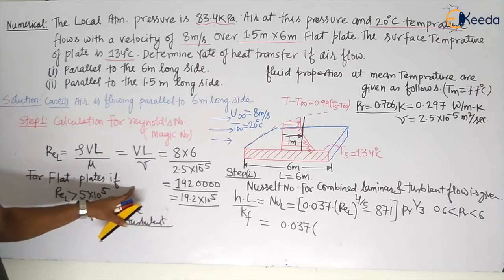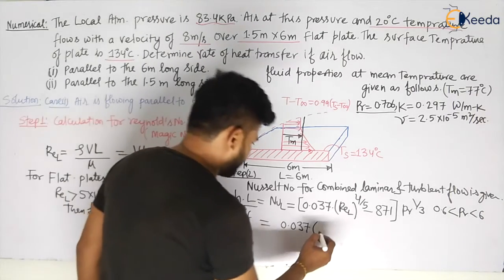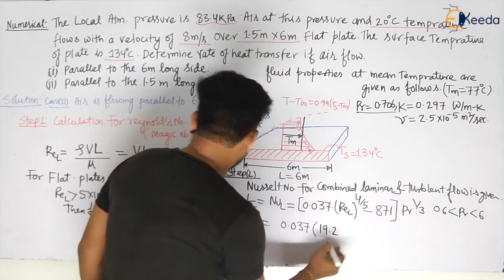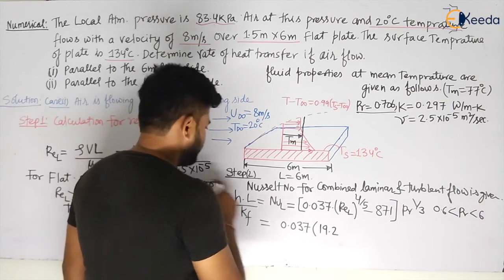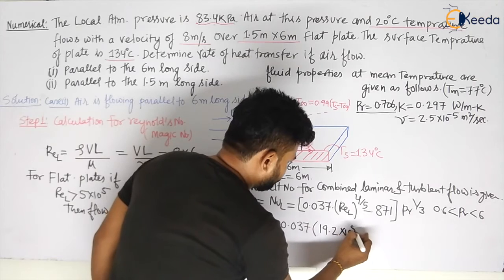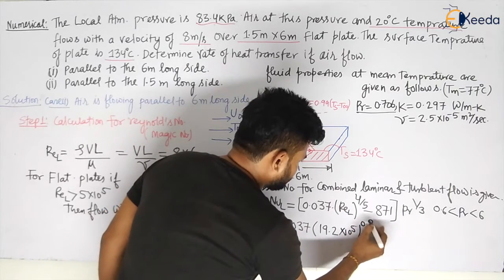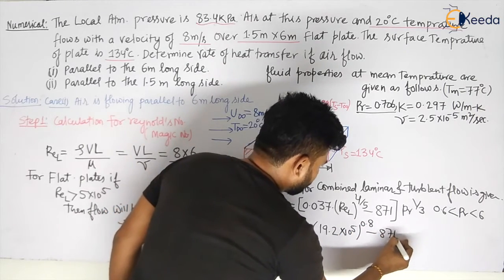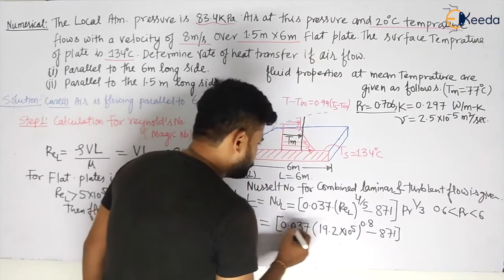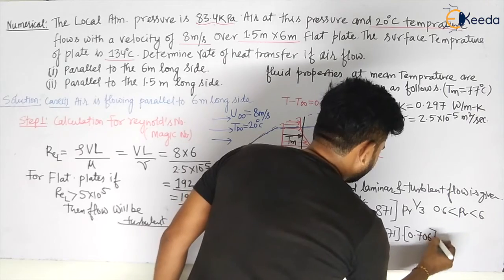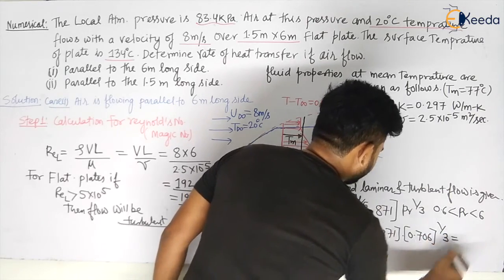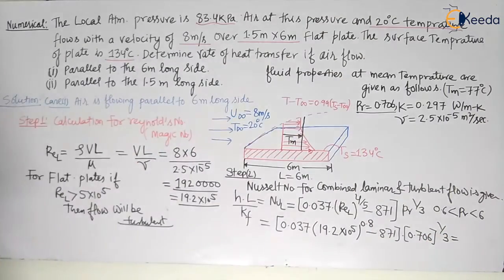REL is 19.2 into 10 to the power 5, to the power 0.8, minus 871 into PR. What is the PR value? 0.706 they have given, to the power 1 by 3, and from here I will have the Nusselt number. Let us see what will be the Nusselt number, my dear students.